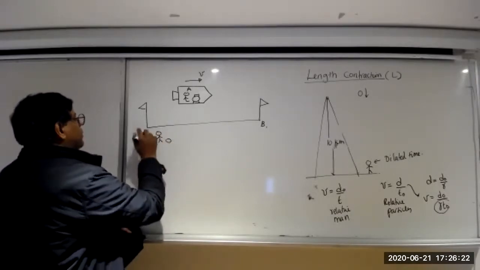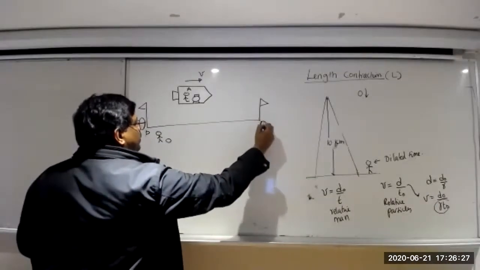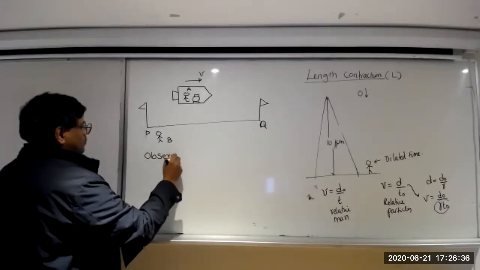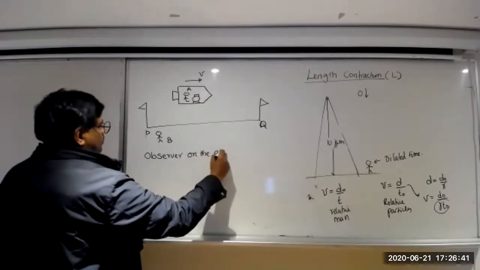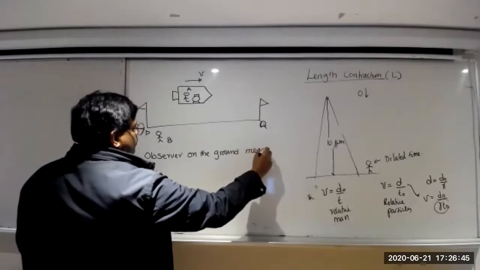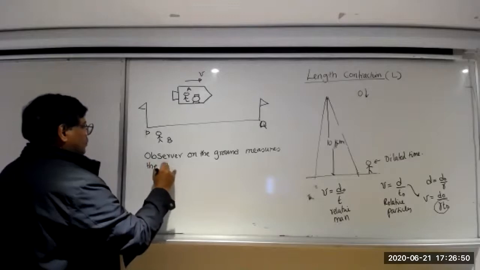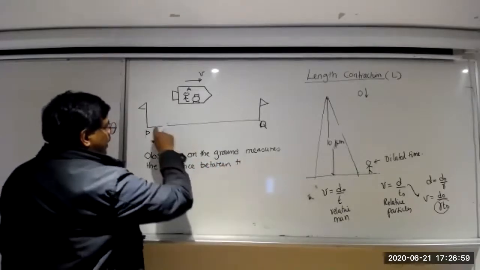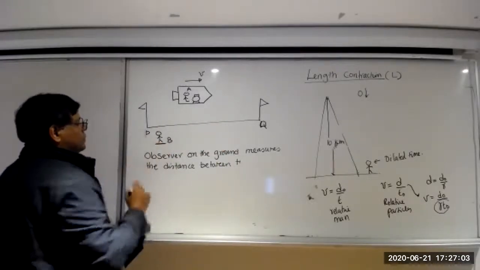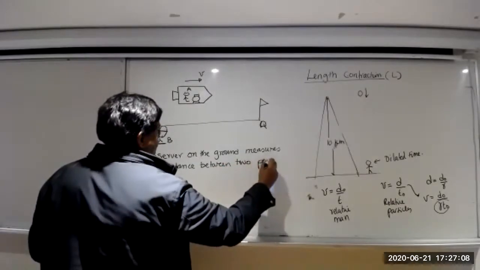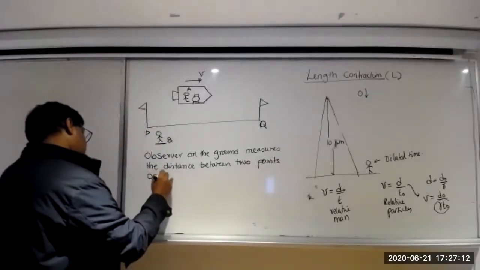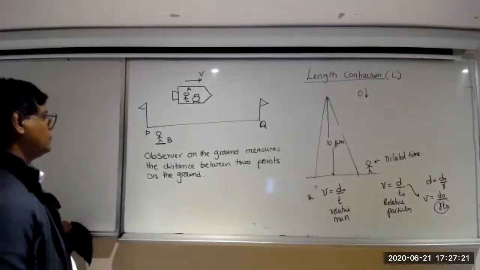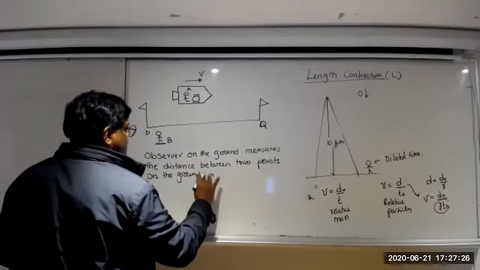The observer on the ground, this is just a PQ, measures the distance between 2 points on the ground, because that distance is in the same frame of reference as the observer. So he said that the distance is L naught.